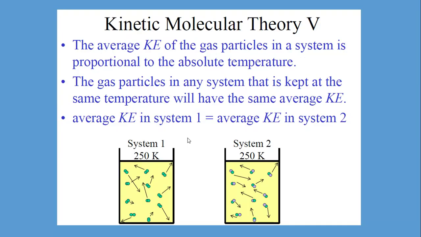It doesn't matter what it is, because again, they're gaseous systems at 250 Kelvin. Notice in system 1, some of the particles are moving fast, some slower. In system 2, they all seem to be moving closer to the same speed, but they have the same average kinetic energy. And that's what temperature is.